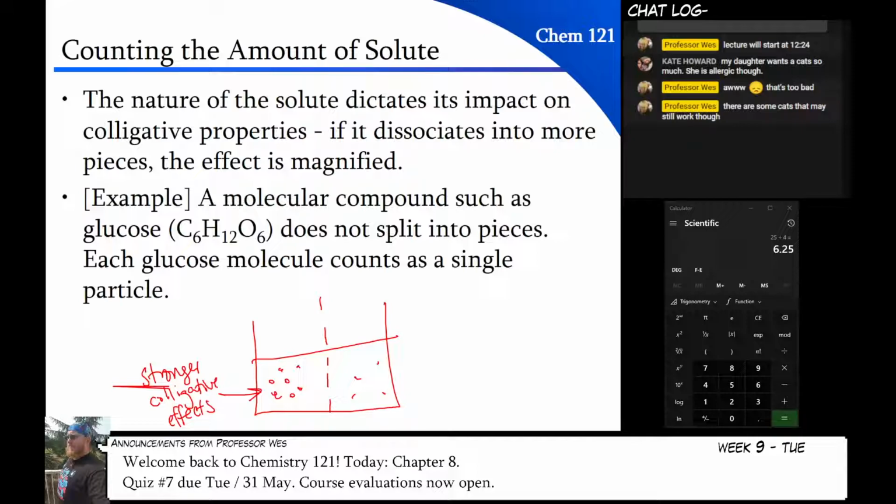Now, if I have more particles, there are stronger colligative effects, but I don't necessarily have to have a more concentrated solution. I just need more particles, because remember, the particles are the only thing that affect it, not the identity of the substance. So, for instance, if I have glucose, glucose is a covalent compound or molecular compound.